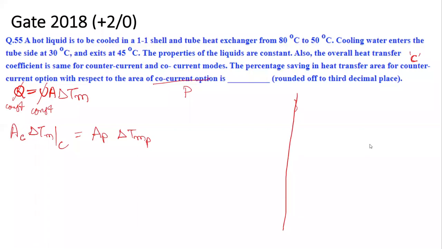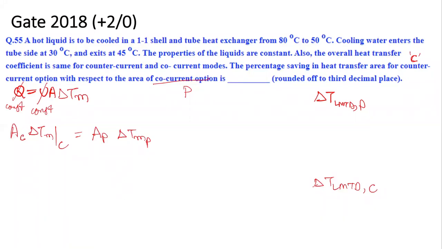So the first step in our approach will be to calculate the delta T LMTD value for parallel and delta T LMTD value for counter.